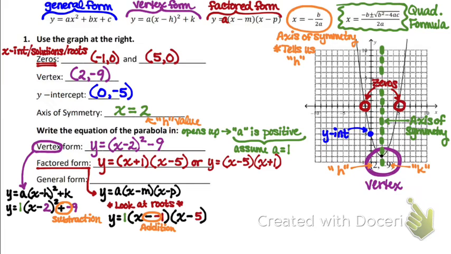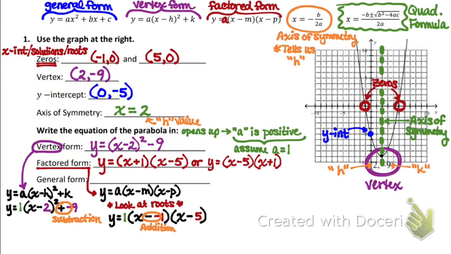The reason is that when I'm multiplying two things together, let's think about it with just numbers. If I do 2 times 5, what is that? What about 5 times 2? Still 10. That's why I'm allowed to write it down in either order for my factored form, because in between those parentheses, we are multiplying things.